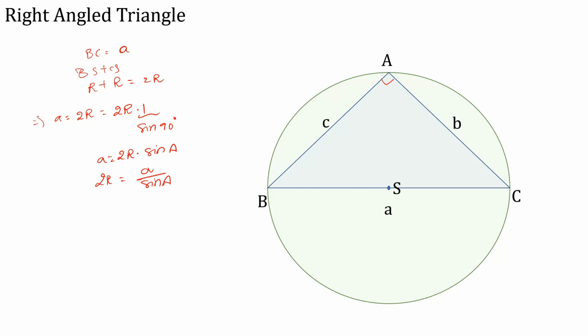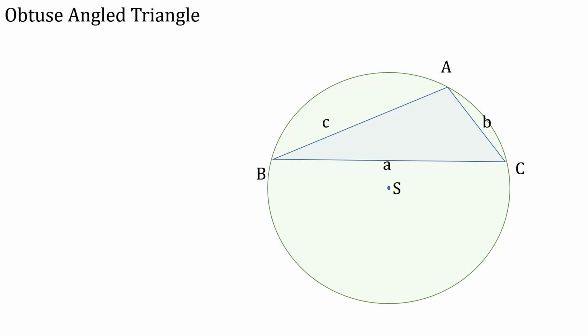Next is the obtuse angle triangle. In the case of an obtuse angle triangle, whichever angle we consider to be obtuse, only for that will we calculate. We'll draw a line passing from C and the circumcenter S. So it will look like this and it will touch the circle at a point.